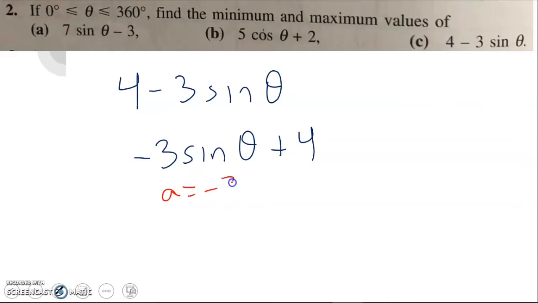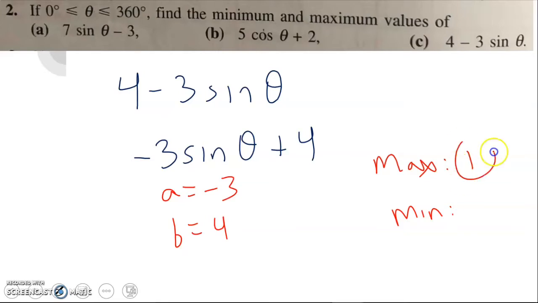A would be negative 3, and your B, your axis of curve, would be 4. Okay, so your max and min for this. Okay, your max is 4 plus negative 3, that would be 1. And your min would be 4 minus a negative 3, that actually would be a positive 7. Okay?